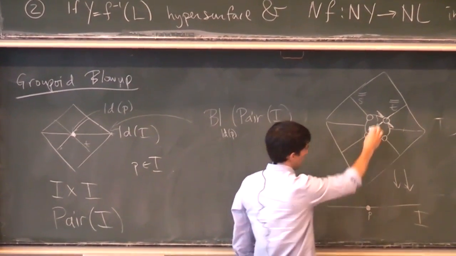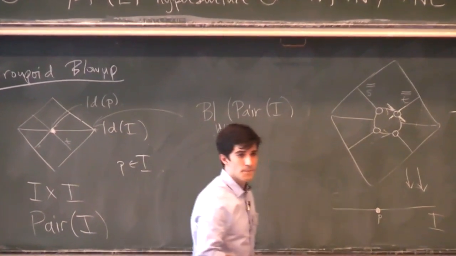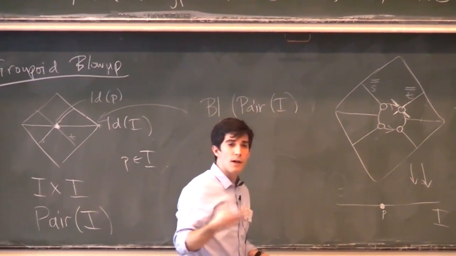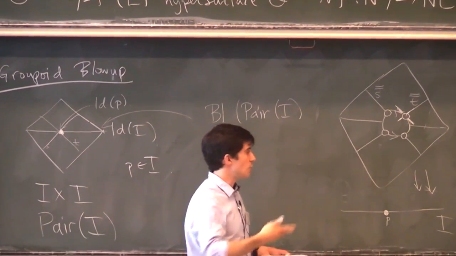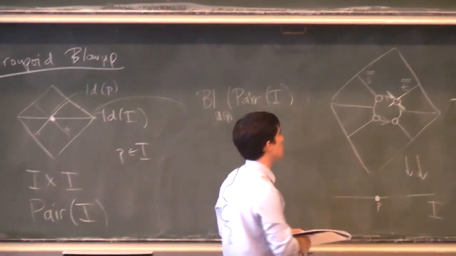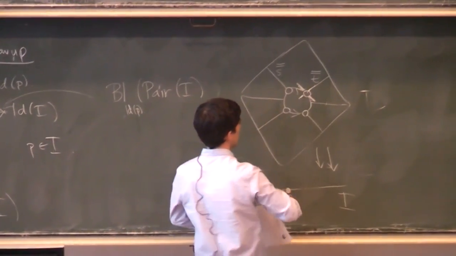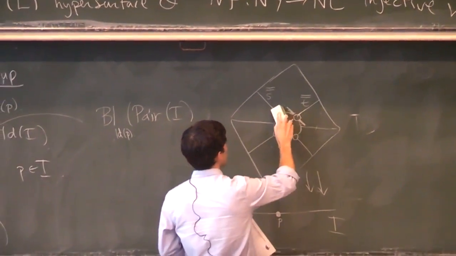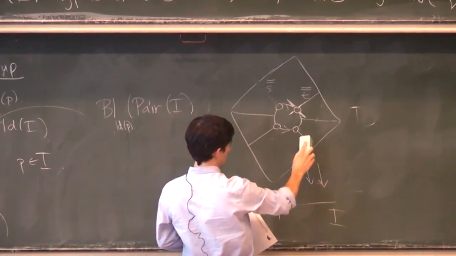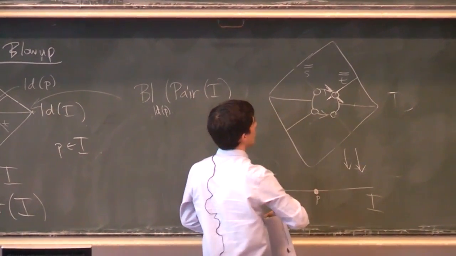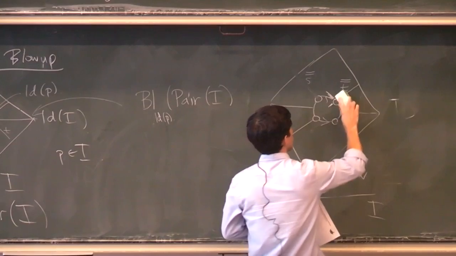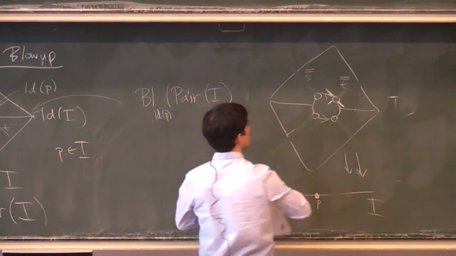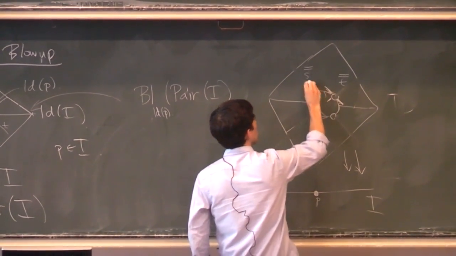So as you can see, it's now disconnected. I want a source connected groupoid, so I just get rid of the connected component which is annoying me. So I'll remove this and this, and I'll remove this and this.